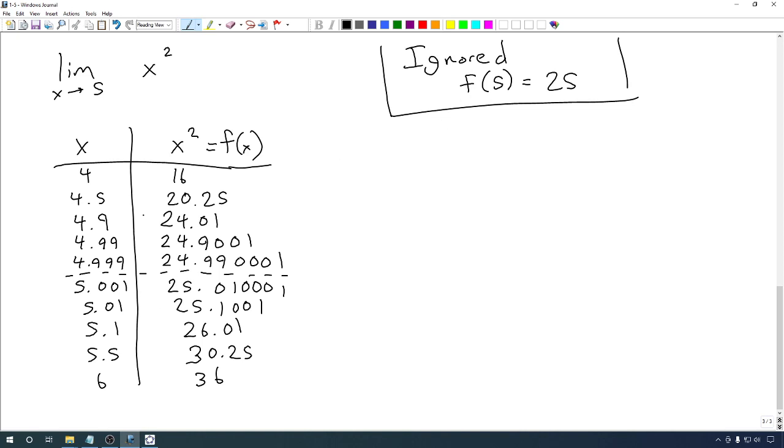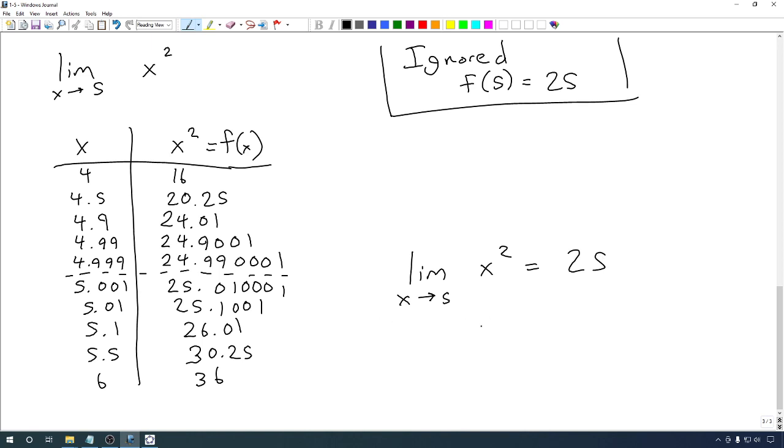But the very fact that we looked at numbers that were close to 5, when we look at what numbers these values of our function are getting close to, it shouldn't be too surprising that it is actually 25. The limit here, as x goes to 5, of x squared is just 25.